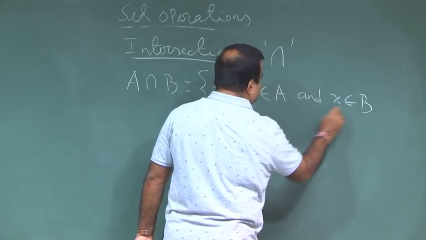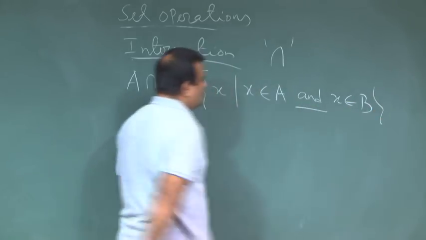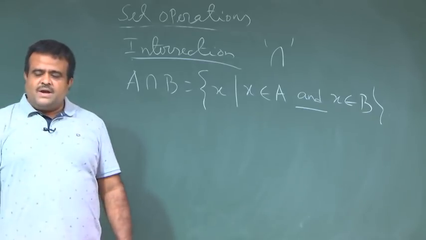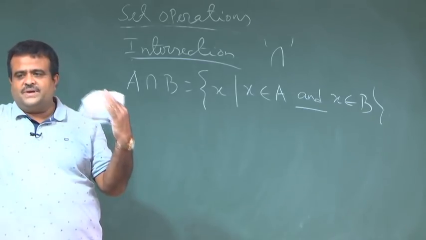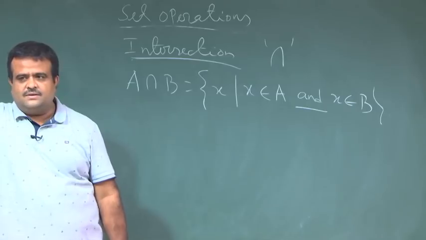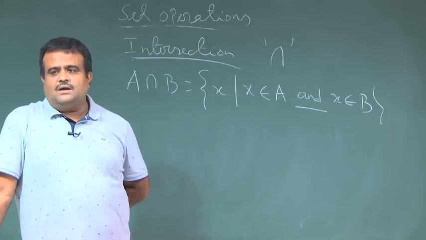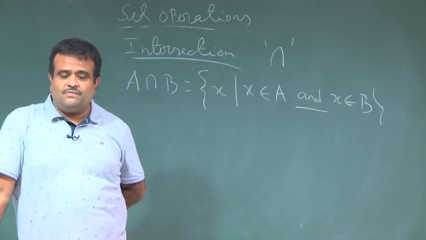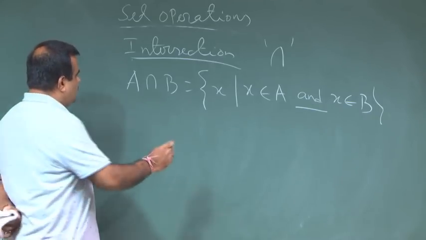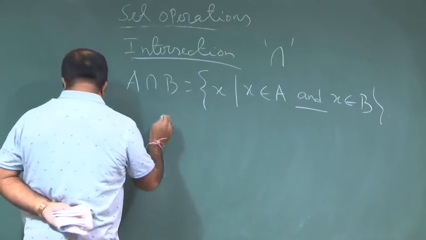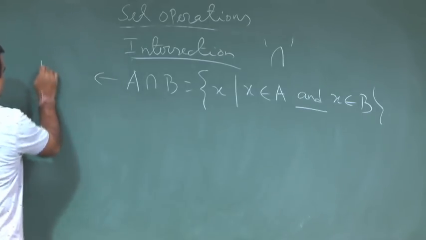So, this consists of the common elements. These elements have to be present in both sets, and the collection of those elements is the intersection. This is the definition.